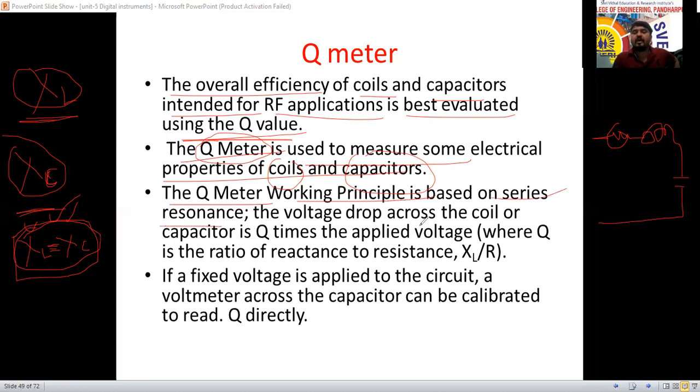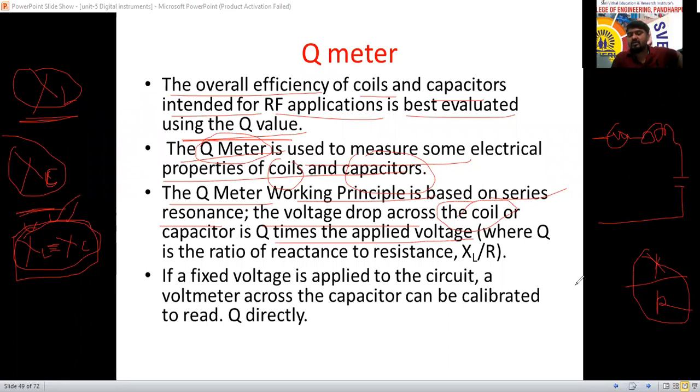The voltage drop across the coil, that is the inductor or the capacitor, is Q times the applied voltage, where Q is the ratio of reactance X divided by R. It may be inductive reactance or capacitive reactance. So the quality factor Q is the ratio of the reactance to the resistance.